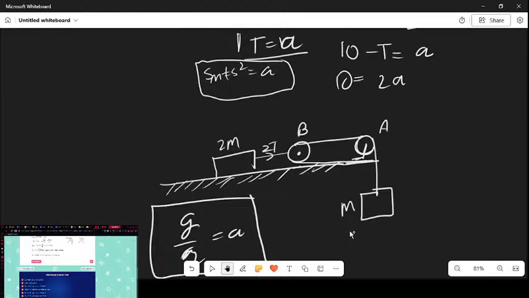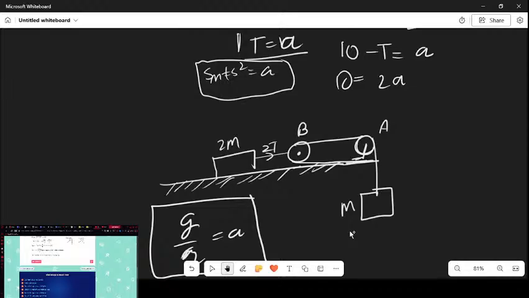The 2m mass will move with acceleration a by 2. 2m times a by 2 is equal to the tension 2T. So ma is equal to 2T.